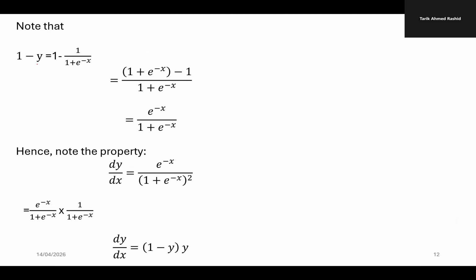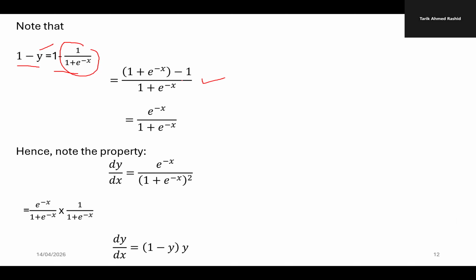Now, if we assume that 1 minus y equals 1 minus, the y is the sigmoid function, which is 1 minus 1 over 1 plus e minus x. So that's 1 minus y equals, that's the 1, and y is this part. So we can multiply this denominator by 1, and we can also multiply this denominator by 1. It's 1. So you will get this result.